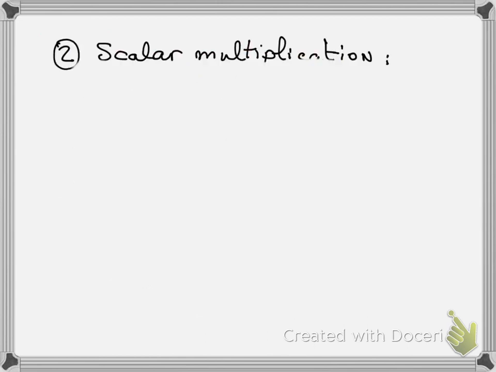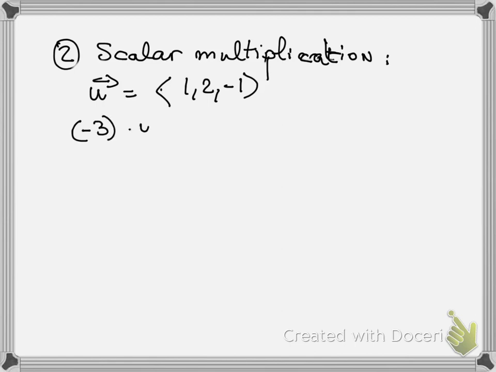Now, the second operation is scalar multiplication. We can multiply a vector by a number. For example, let's say the vector u is equal to (1, 2, -1). If you want to do -3 times u, that is the number -3 times the vector (1, 2, -1).